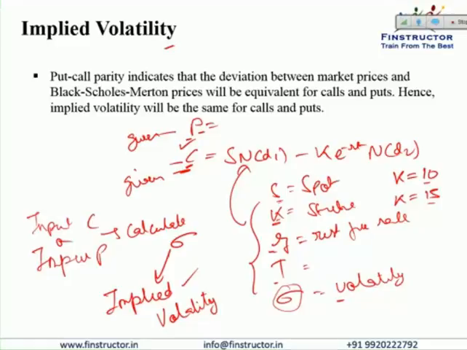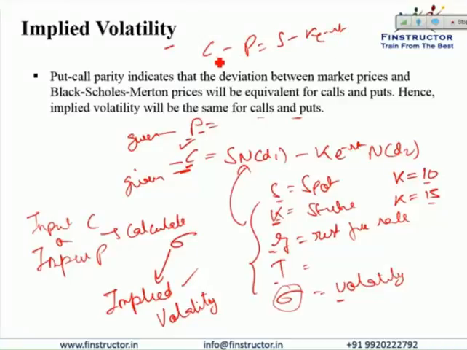We can also prove that the put-call parity theoretically indicates that the deviation between the market prices and Black-Scholes-Merton prices will be equivalent for calls and puts. Hence, implied volatility should be the same for calls and puts. So we derived the put-call parity, that is C minus P is equal to S minus K e raised to power minus rT.